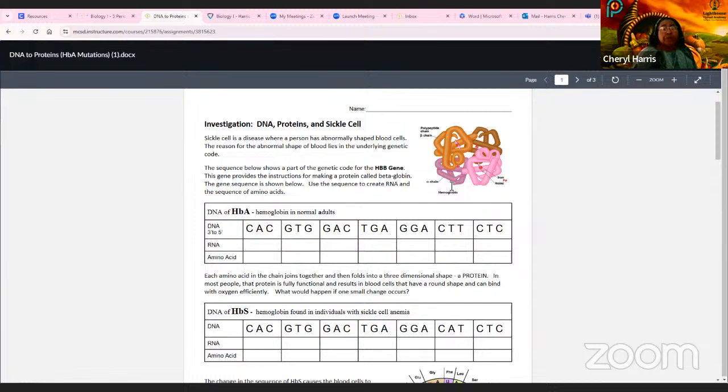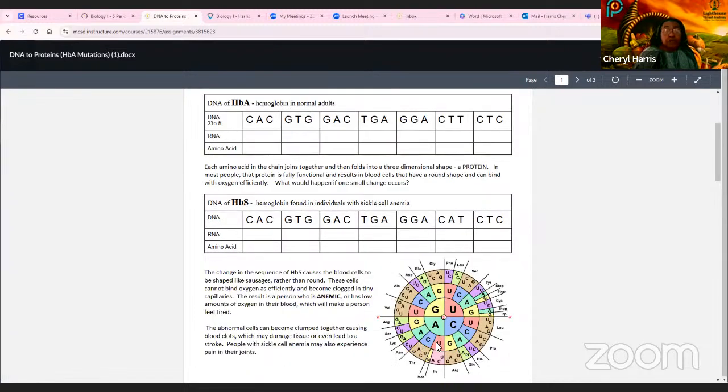The DNA strand is our first row up at the top. What they wanted you to do is create an RNA strand. And then once you've created the RNA strand, you're going to use the chart. And if you need to go back to the chart on your other worksheet, do that. Otherwise, use the wheel to figure out what amino acid should be in the bottom row.